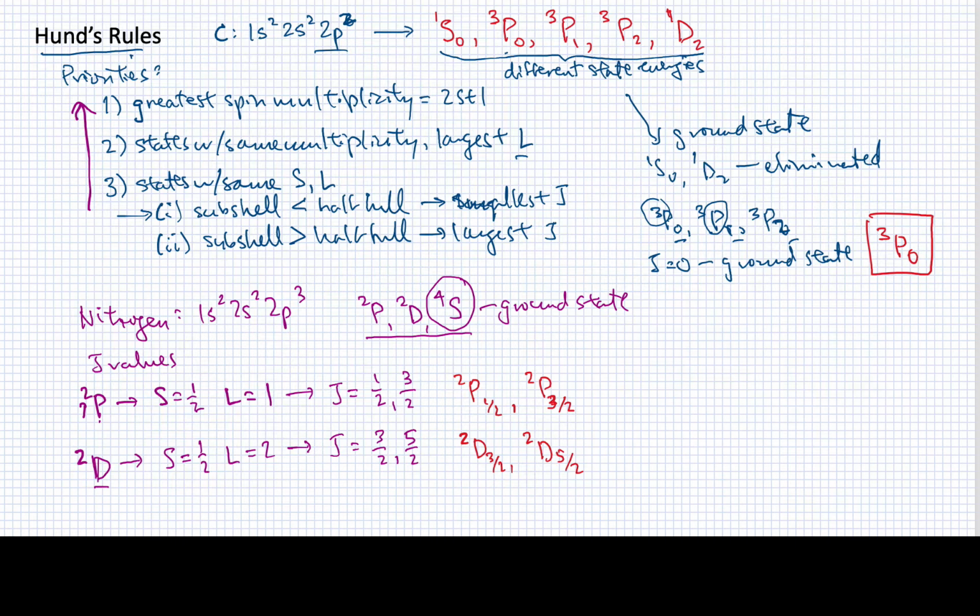Finally, for the one that is the winner in this sweepstakes, the quartet S. In order to get 4 here, we must have a spin of 3/2. Since nitrogen has an unfilled shell that has 3 electrons in it, all 3 of those electrons must have the same spin in order to get a spin of 3/2.